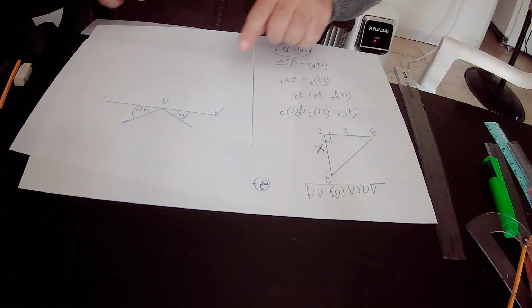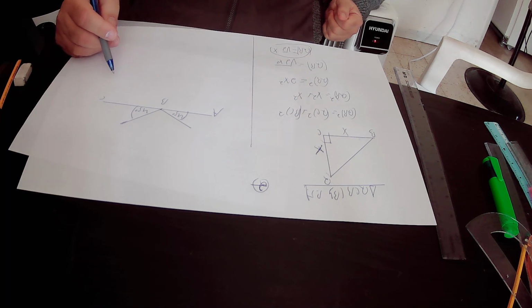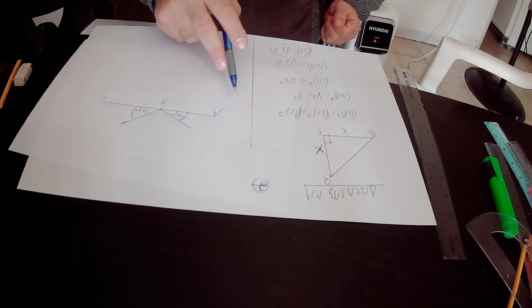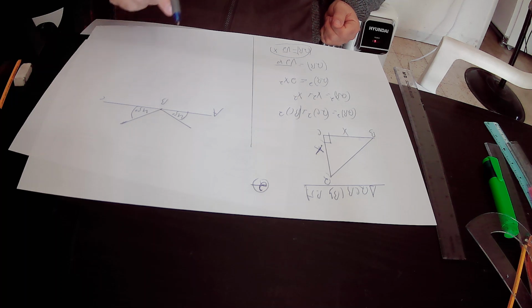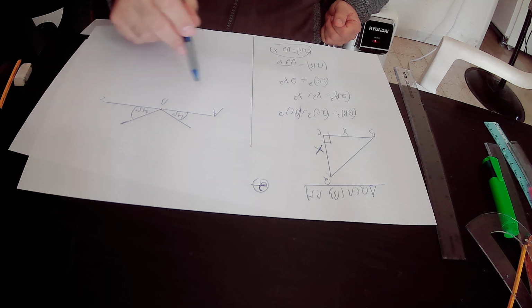So which angles do we have at the upper side of AC at point B?